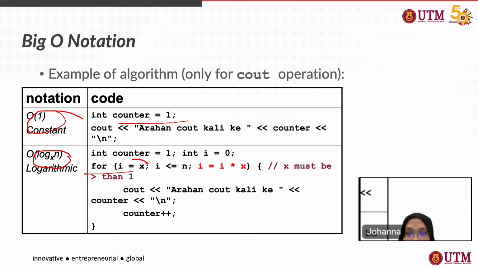In this for statement, we must check what value i is initialized to, then the condition, and also how the i value is increased. If i is increased by multiplying i with x, it will be log n base x, as long as the multiplier is equal to x.